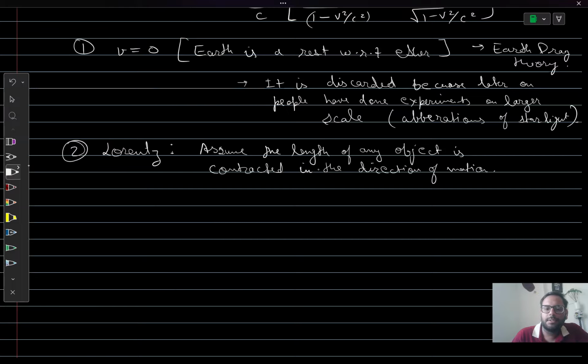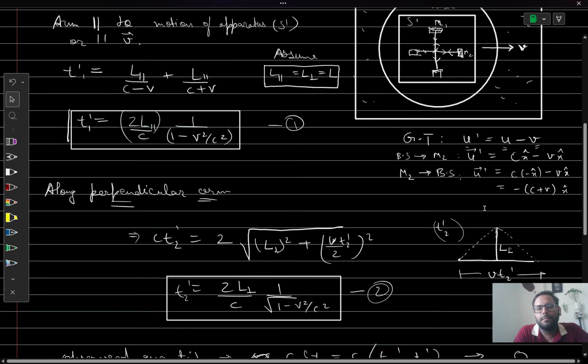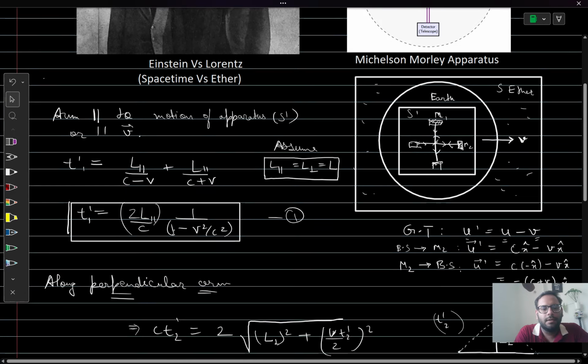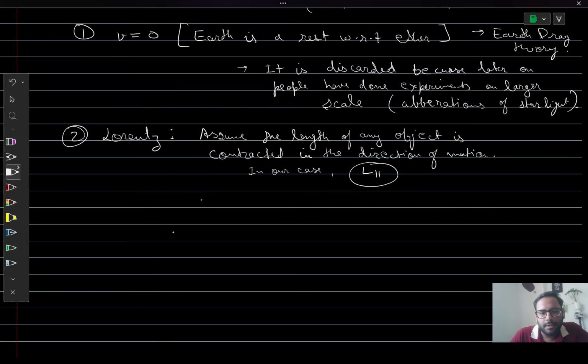What is that length in our case? It is L parallel, the length parallel to the direction of motion. Contracted means how? Let's take L dash to be equal to L multiplied by this factor.